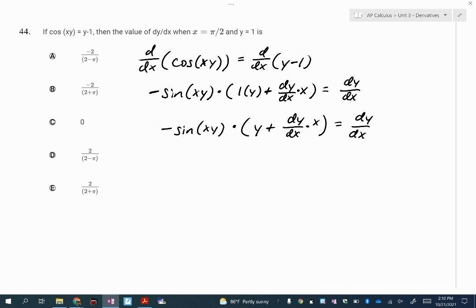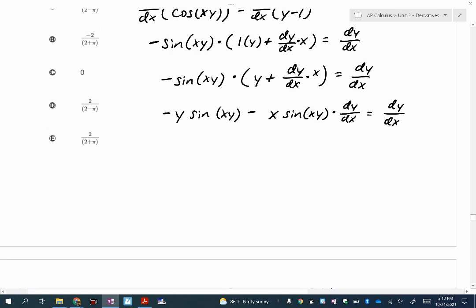I'm going to distribute this negative sine of xy, then I'll end up solving for dy/dx. So negative y sine of xy minus x sine of xy times dy/dx equals dy/dx. Move any piece that has dy/dx to the left, any piece that doesn't to the right.